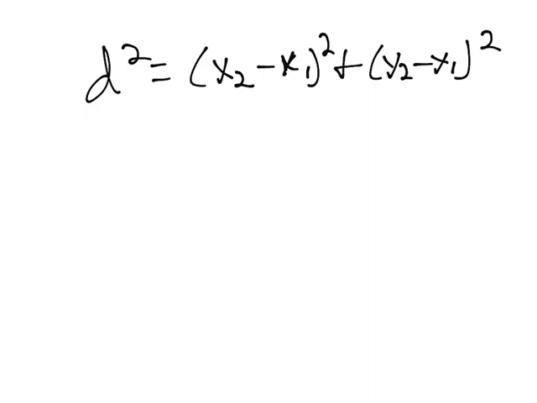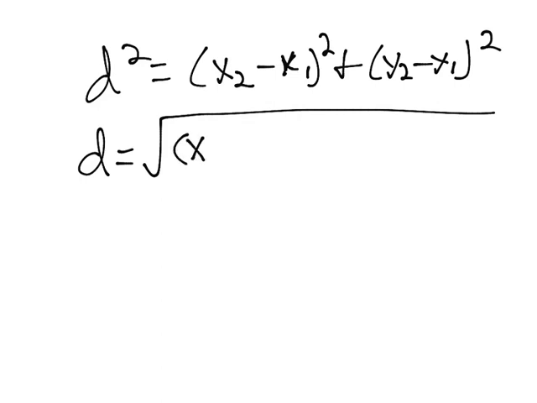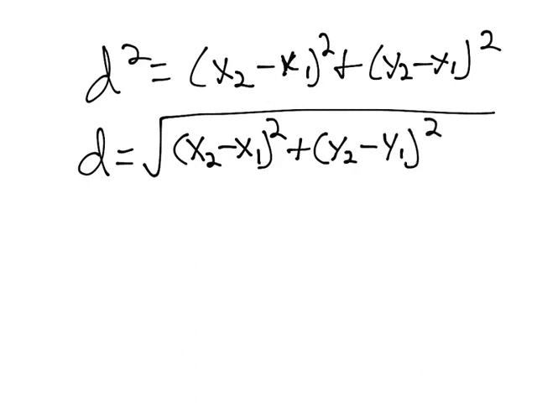So then books will solve for d by taking the square root of both sides, and we get the formula for the distance between 2 points in the rectangular coordinate system: d for distance equals the square root of x2 minus x1 quantity squared plus y2 minus y1 quantity squared. So we're taking the square root of that whole thing.